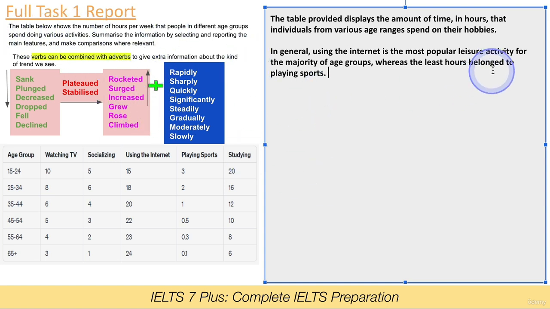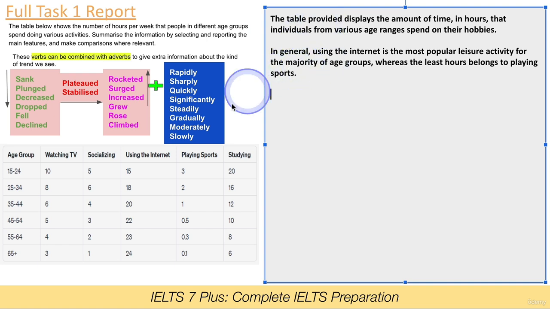Maybe we'll use present tense because that matches the question. So that's another point to mention. So is, belongs, spend. Yeah, that's okay. In general, using the internet is the most popular leisure activity for the majority of age groups, whereas the least hours belongs to playing sports. There we go. Okay then, so we have our paraphrased initial paragraph here.